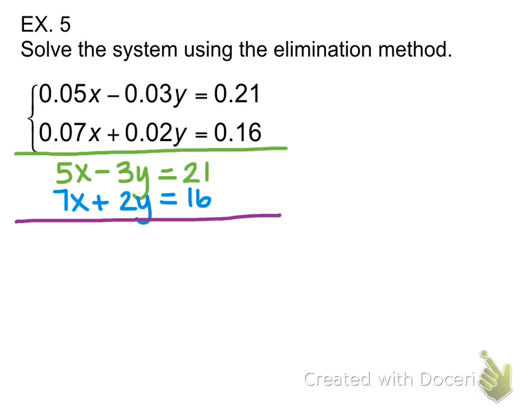So now I need to decide what variable I want to cancel. Since the y's already have one positive and one negative, let's try to get the y's to cancel. So I'm going to multiply the top equation by 2 and the bottom equation by 3. In doing this, I will get a negative 6y in the top equation and a positive 6y in the bottom. So the top equation times 2 is 10x minus 6y equals 42.